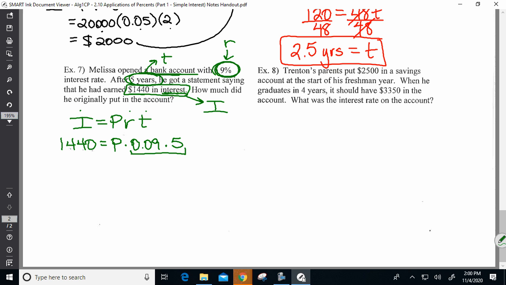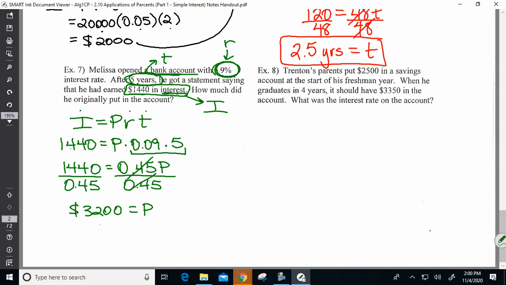What can we do with 0.09 and the 5? If we multiply it, what do we get? 0.45 times P. $3,200 equals the principal. So she opened this account with $3,200.